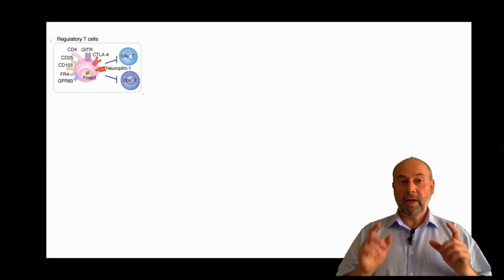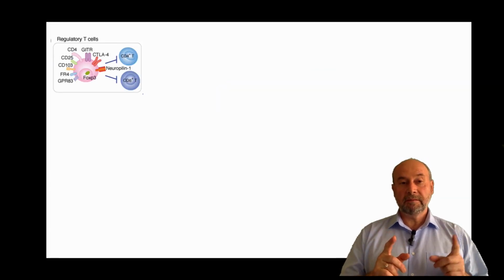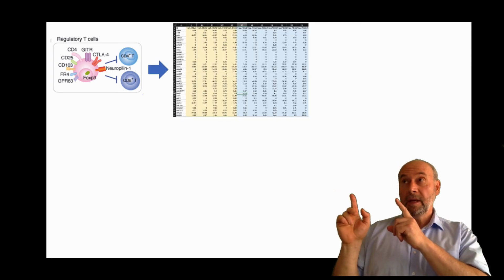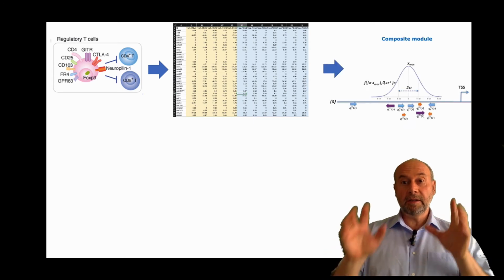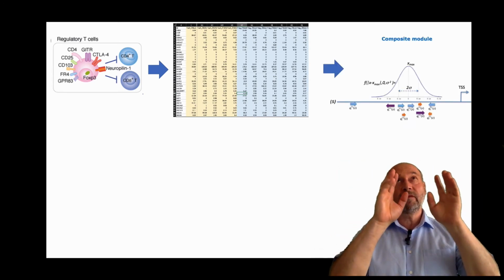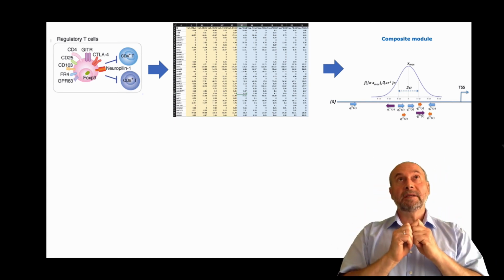In summary, we analyzed regulatory T cells. We took RNA-seq data, we put it in an Excel file. Then we put this Excel file in our platform and started analyzing promoters of upregulated genes, searching for clusters of binding sites.